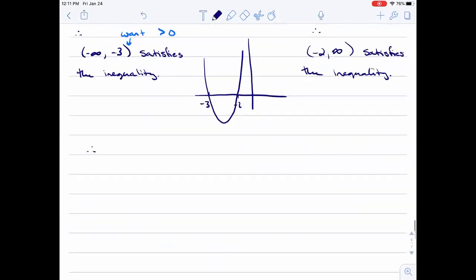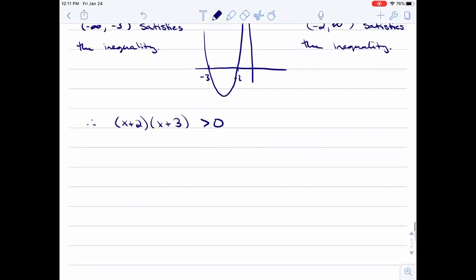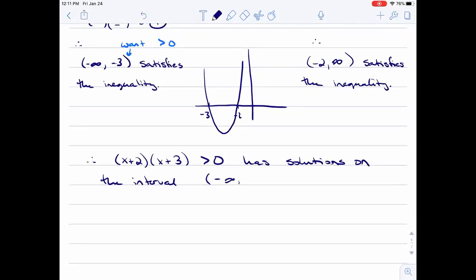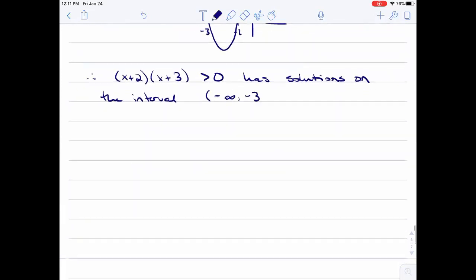So therefore, x plus 2 times x plus 3 greater than 0 has solutions on the interval negative infinity up to negative 3, round bracket, right, because it's not including negative 3, and then union, right, where we smush them together, and then picking right back up at negative 2 up to positive infinity.